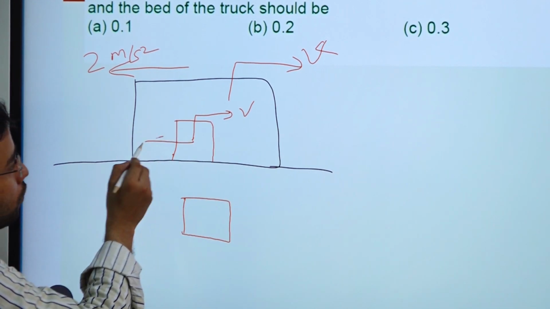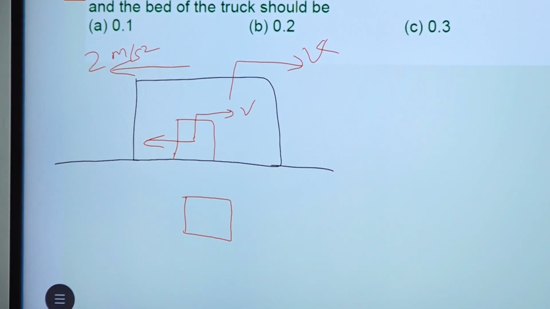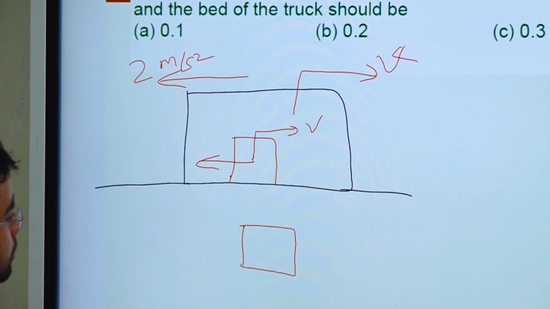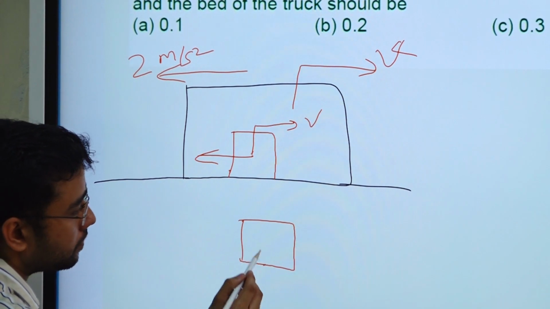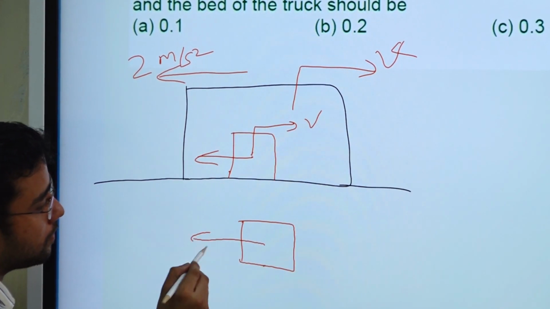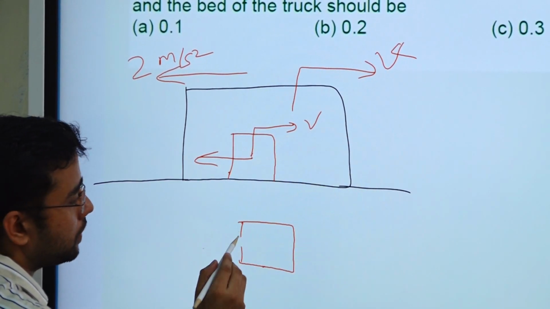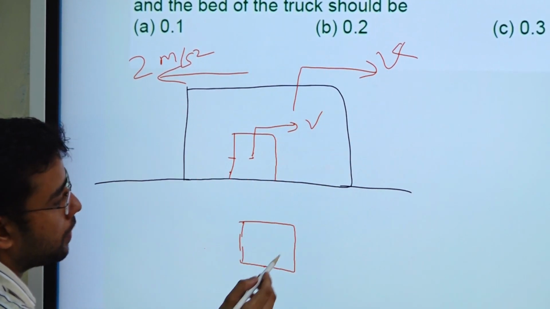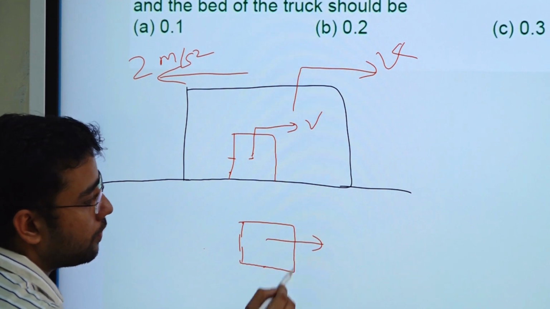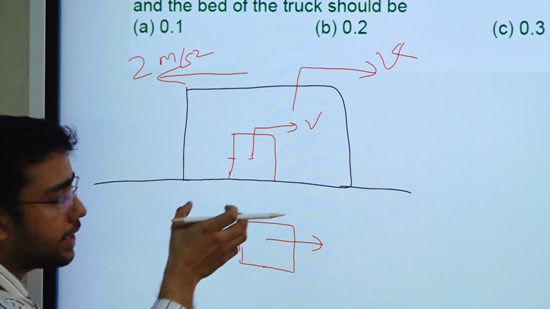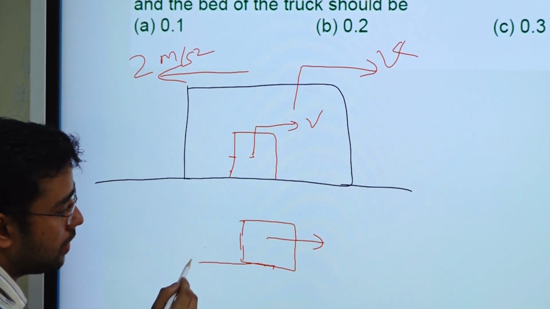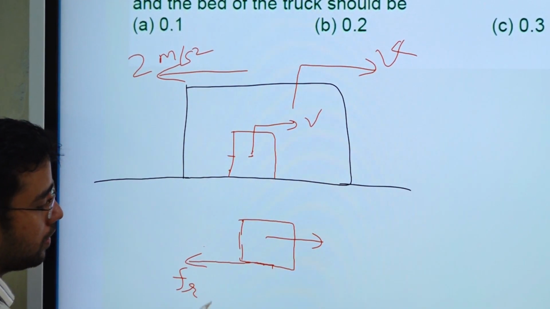Sorry, it is not a reverse virtual force, it is a reverse friction force, because it is static. Right now it is moving in positive direction and it is just getting stopped, right? So to stop it, a reverse force should act, that is friction force, right?